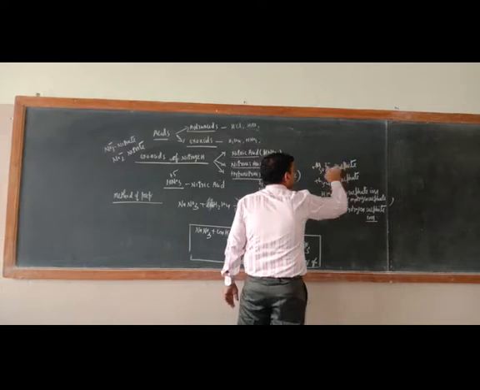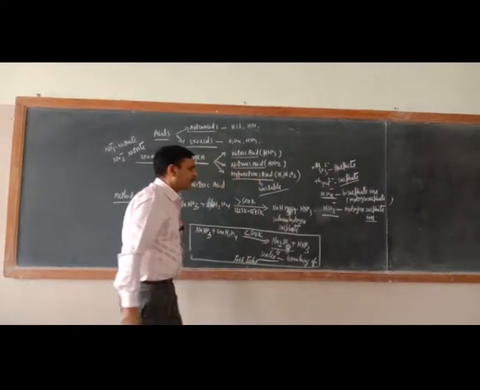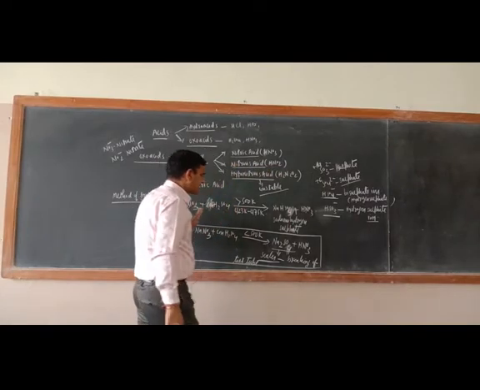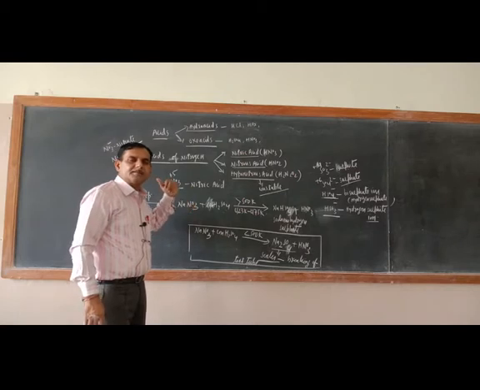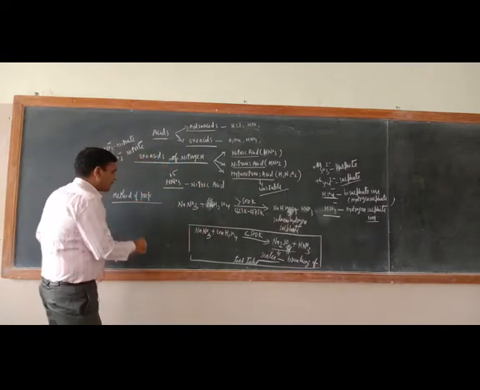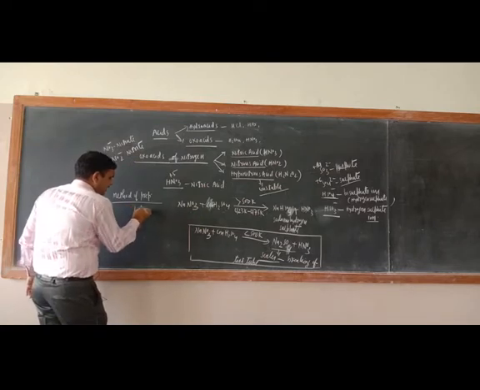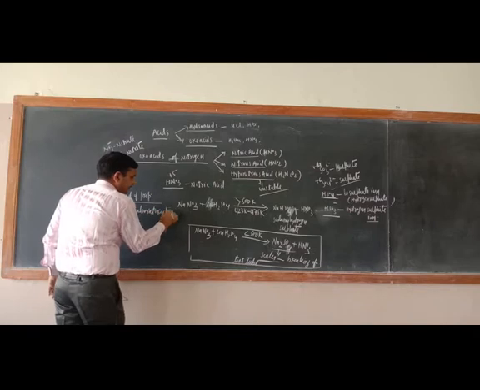Sulfite means SO3 2 negative. Sulfate means SO4 2 negative. That is why we always avoid keeping the temperature beyond 500 Kelvin. It should always be less than. And this is the laboratory preparation.